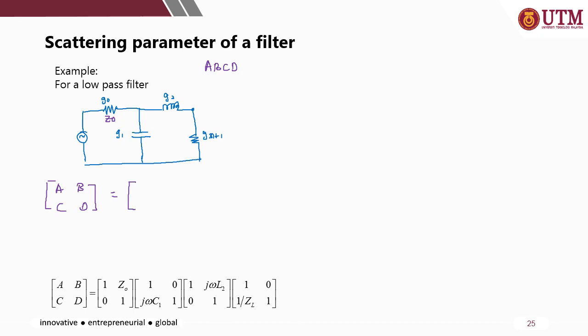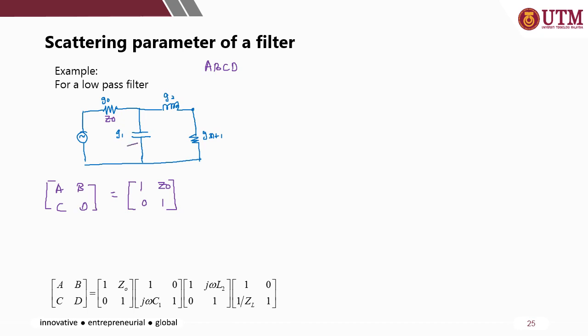So for a series component, it is 1, Z0, 0, 1. All right, so this matrix representation may be given to you during the test or exam. But for just the basic structure or configuration, for example, in series, in parallel, you can simply memorize that, right?